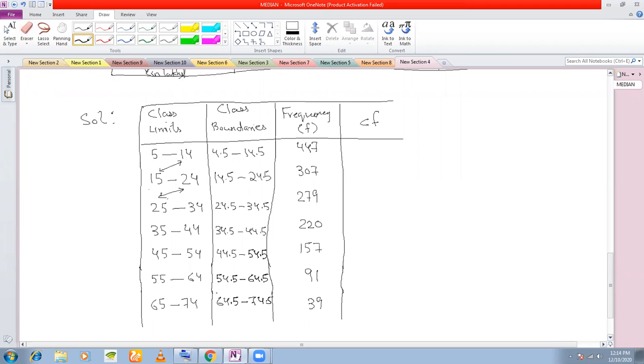Okay. So now we calculate the cumulative frequency. The first cumulative frequency will be 447 as it is. Now you add 447 with 307, you get 754. You add 754 with 279, you get 1033 and so on.